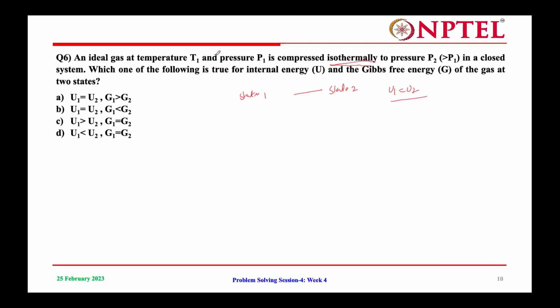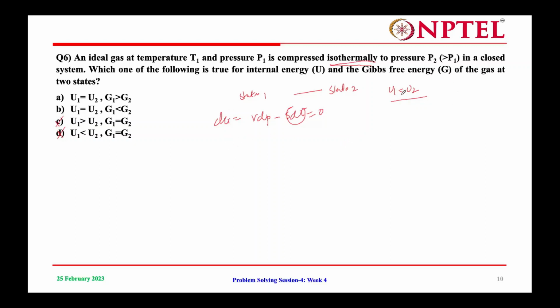Now calculate for the G. So Gibbs free energy dG is equal to VdP minus SdT, right? So here is isothermal condition, so the dT term should be 0, right?